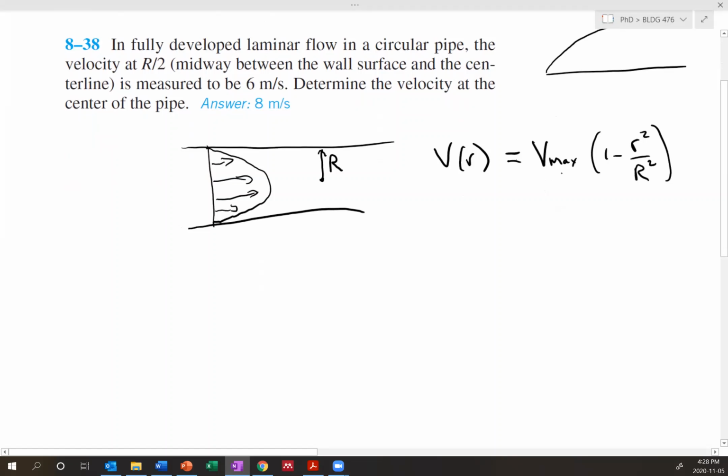In this case, we know that our V max is at the center of the pipe. That's just by definition, this is a velocity profile, and so our maximum velocity is going to be in the middle. That's what we're interested in. And we know our velocity at r/2, so our velocity at r/2 is equal to V max.